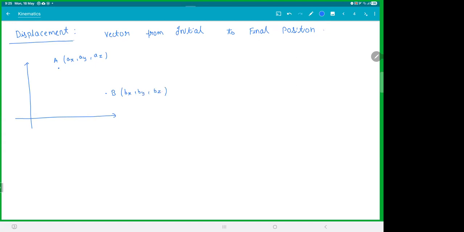So bx, by, bz. This is your OA bar, OB bar, AB bar. So if you are going from A to B, this is simply B bar minus A bar.